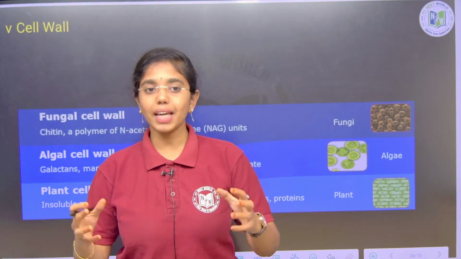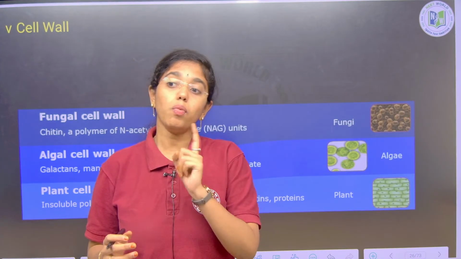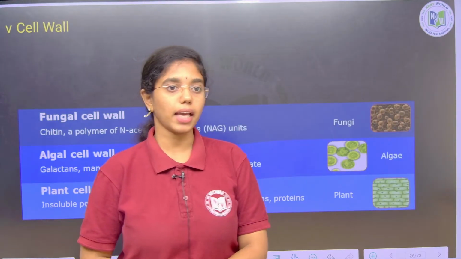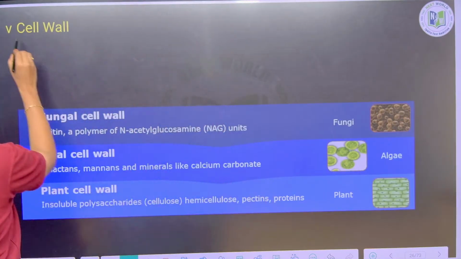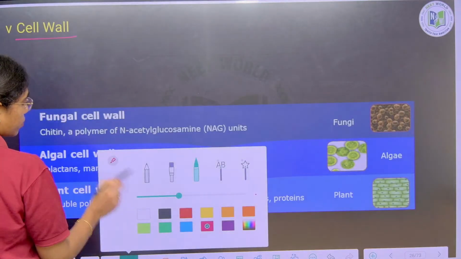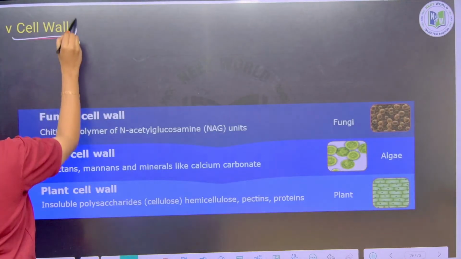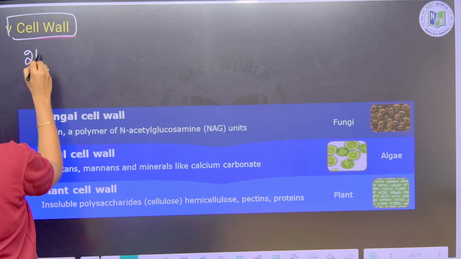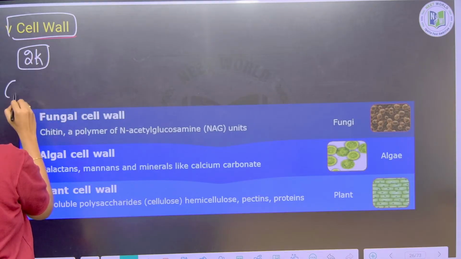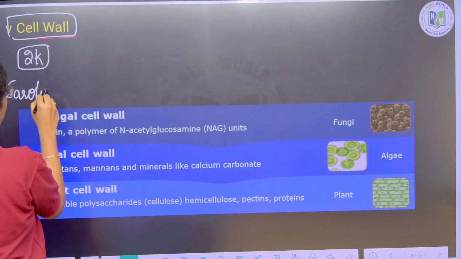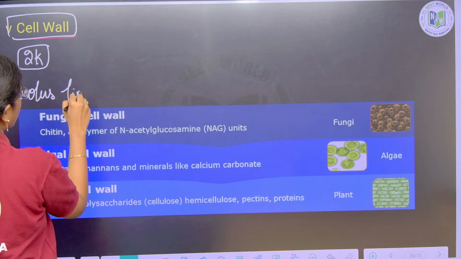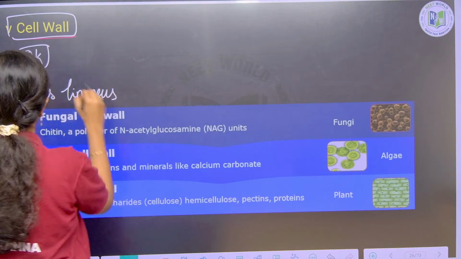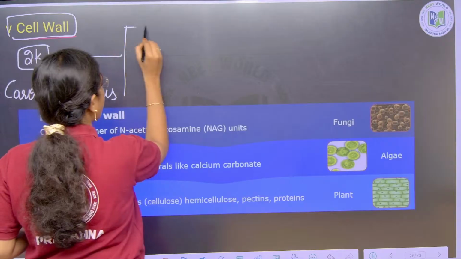He has many criteria, of which cell wall is the major criteria he has taken. What is the major criteria? Cell wall. Cell wall is the major criteria for two kingdom system of classification, which is proposed by Carolus Linnaeus, wherein he has classified into two kingdoms.